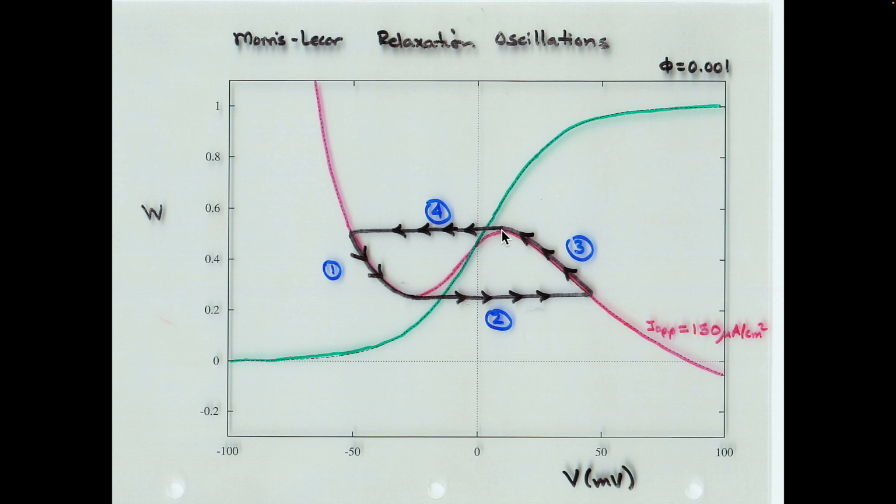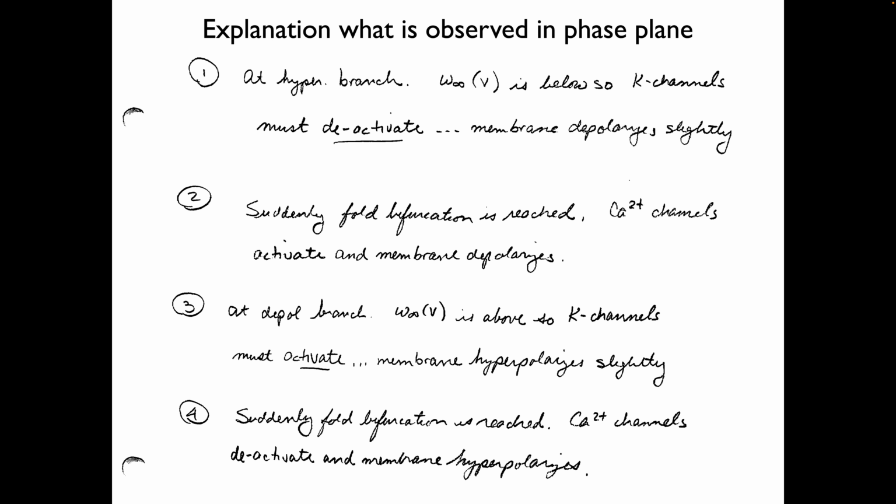And that'll happen until you get to this knee up here, in which case the inward regenerative calcium current can't sustain this upper steady state anymore, and the calcium channels close rapidly, and you end up moving back to this branch, the hyperpolarized stable branch of the voltage null line. So this is my explanation in words. If you want to go back and think through each of these stages, it's also described in the textbook.